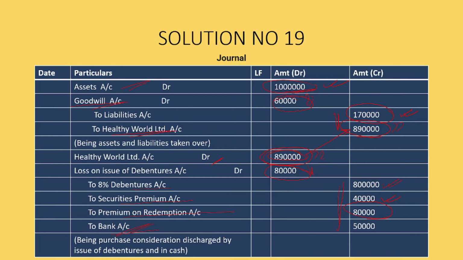And the second entry will be Healthy World Limited account debit 8,90,000, loss on issue of debenture debit 80,000, to 8% debenture 8 lakhs, to securities premium 40,000, to premium on redemption 80,000, to bank account 50,000.